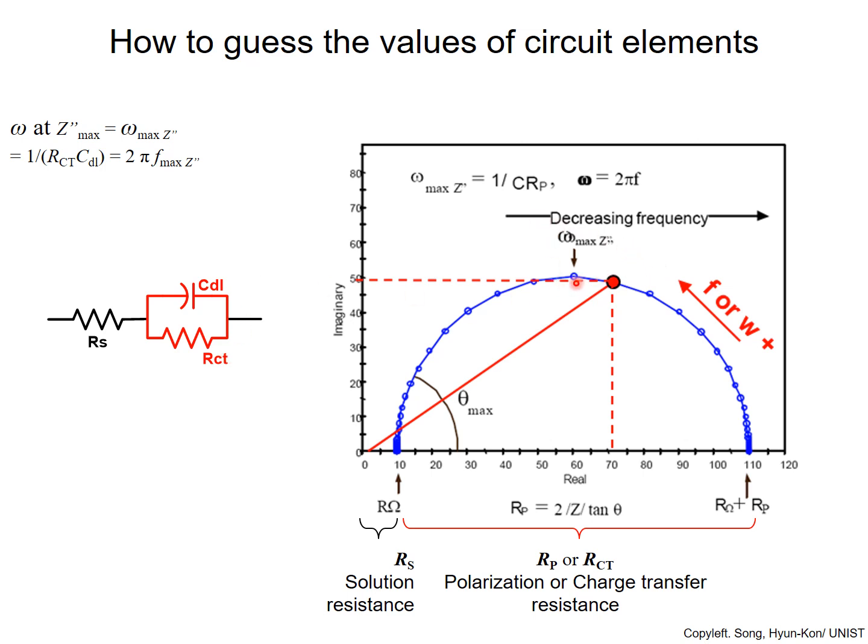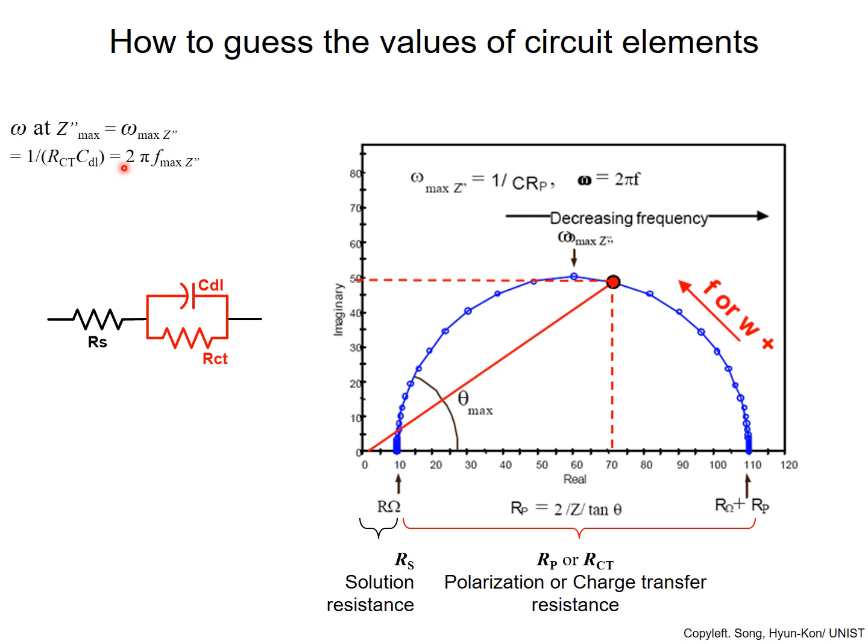Please check the angular frequency at the maximum value of the imaginary part. So this point looks like the top point of the semicircle. So omega at the G prime maximum, let me say omega max G prime, is equal to 1 over RC. R stands for charge transfer resistance, and C stands for the double layer capacitance.